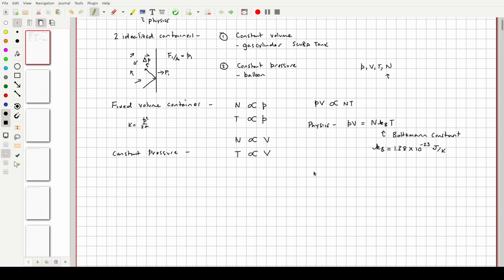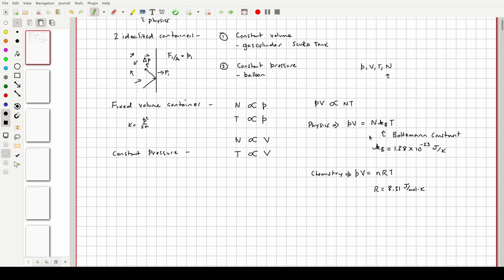Now, in chemistry, the same equation is written the following way. Instead of using, again, the number of atoms, we use the number of moles. PV equals little n R times T. Now, R is the ideal gas law constant, and it has a value of about 8.31 joules per mole Kelvin.